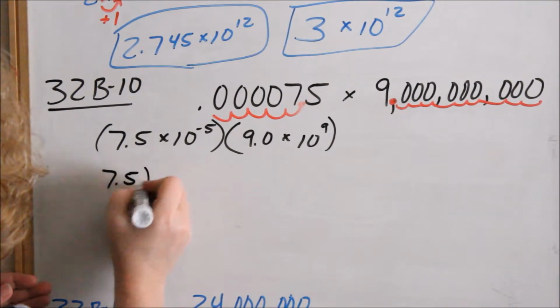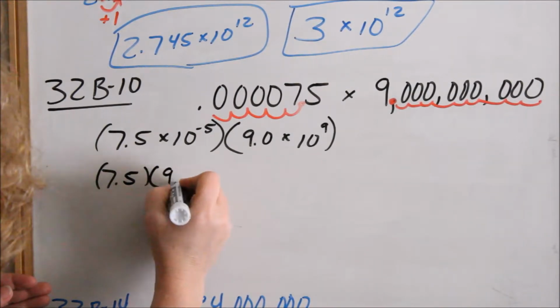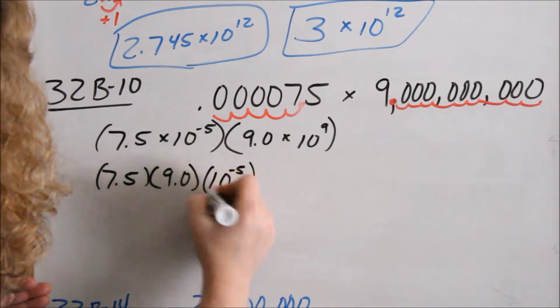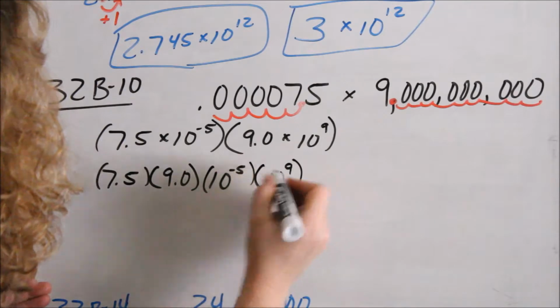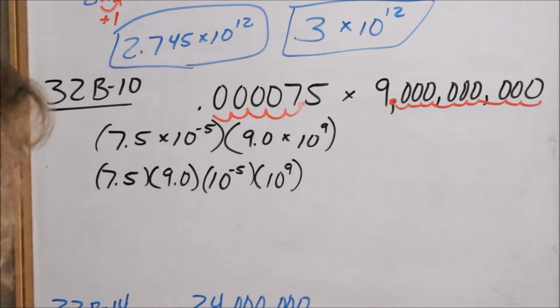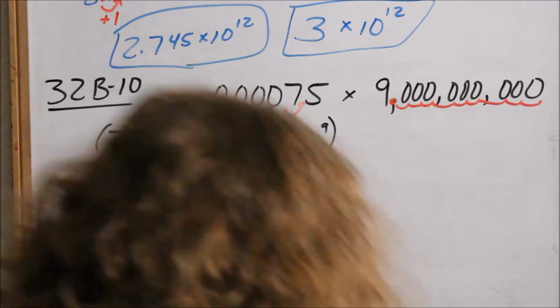So I regroup my numbers. 7.5, I put my numbers together. Then I put my base 10s with my exponents together. Now I multiply my numbers together. 7.5 times 9 is 67.5.